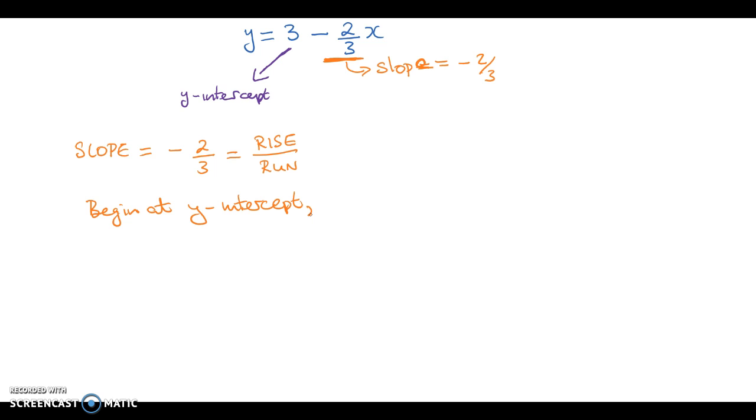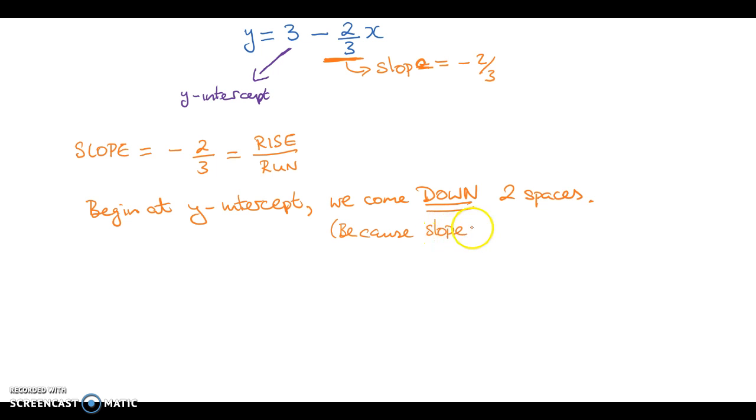So for the rise, what we'll do is we come down 2. Beginning at the y-intercept, we will come down 2 spaces, because the slope is negative.